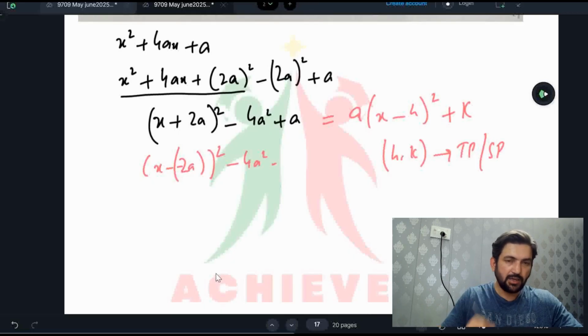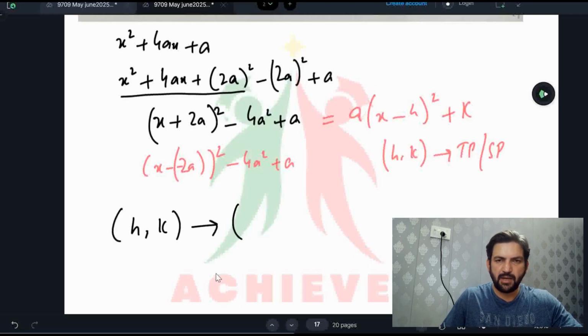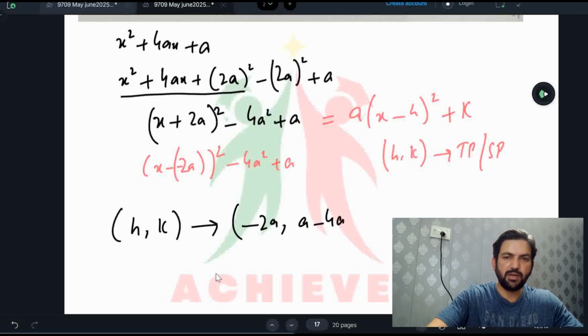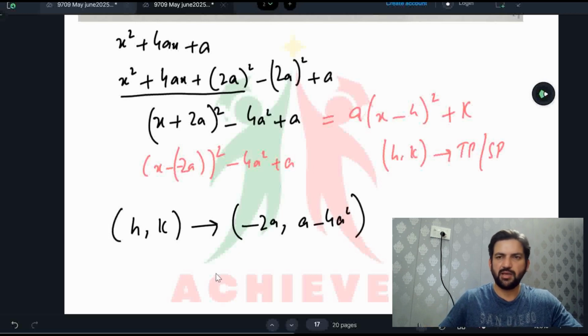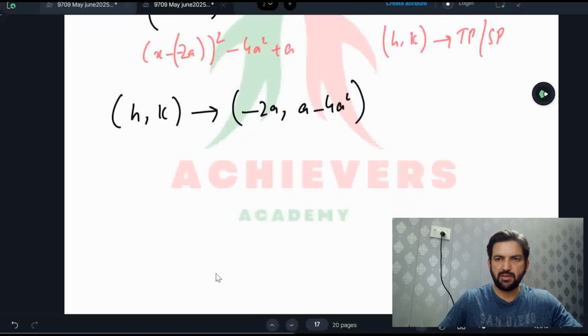It means that our turning points, h and k, will be minus 2a and a minus 4a square. Now from here we can say that this one will be the graph and this one will be the turning point.